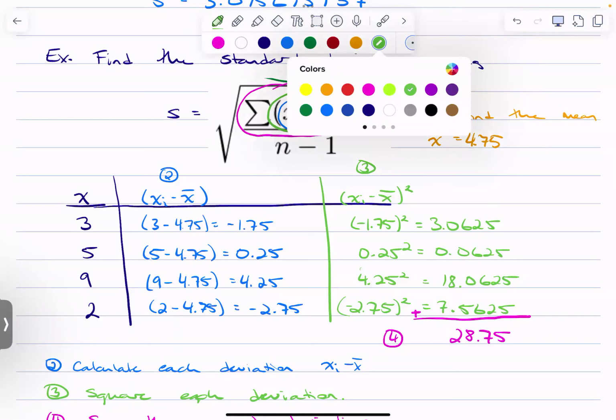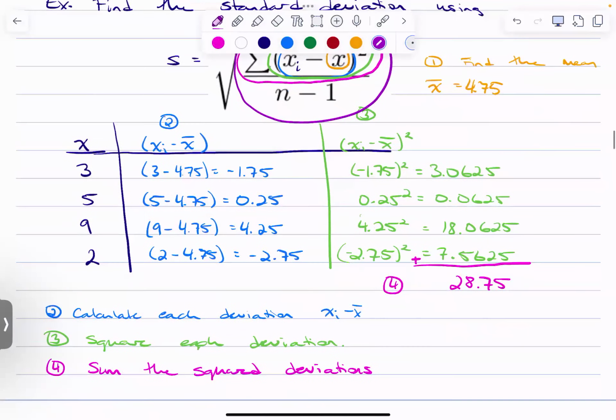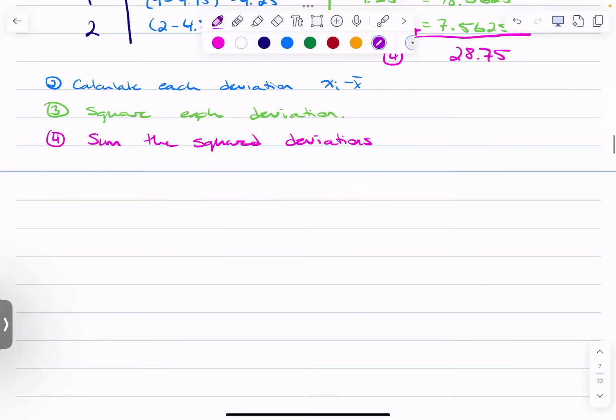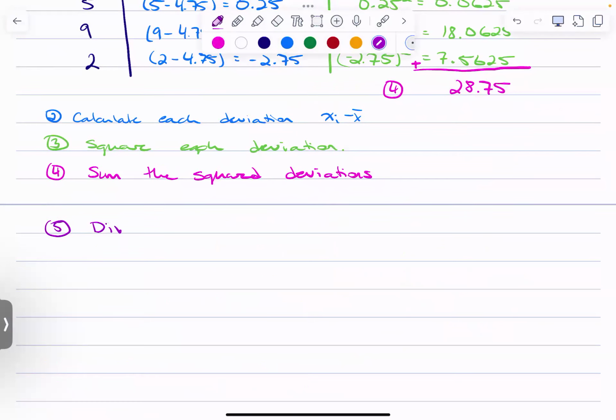Yes. I don't like using purple so close to pink, but it's okay. So then step 5 is divide the result from step 4 by n minus 1.